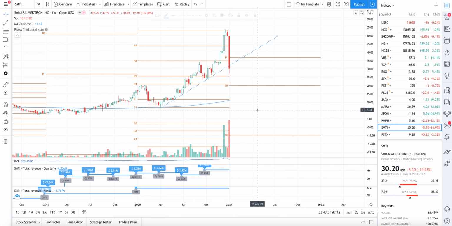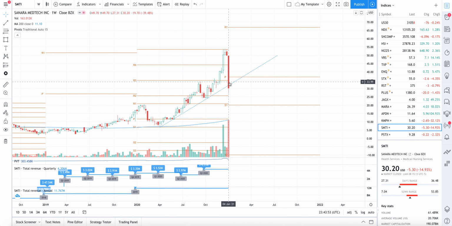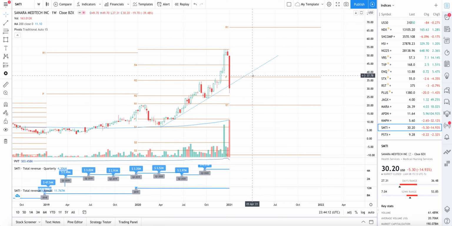I want to keep an eye on it getting back above this potential uptrending channel, but the price to watch would be 36.94 ideally. For a move back up to 53, we'd want to see price close back above 36.80 or $37. But if price continues down, the next level of support is around the $20 mark.